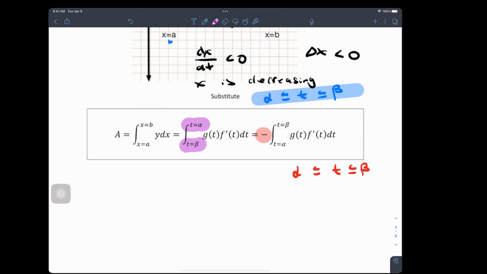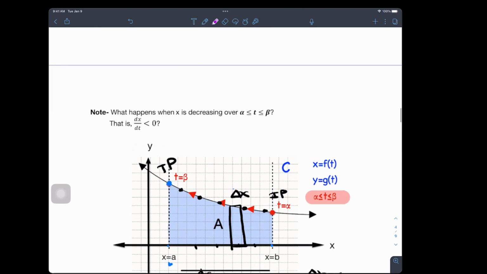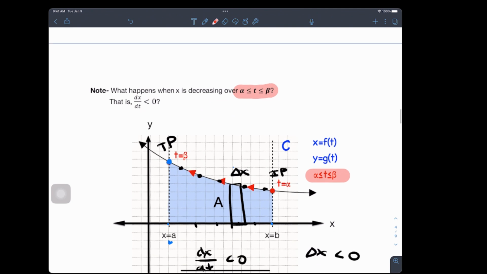Otherwise you write it backwards. Remember, alpha is less than or equal to beta. This is how we always describe our t: smaller to larger, the left being the smaller.